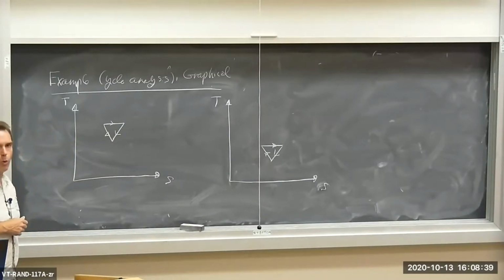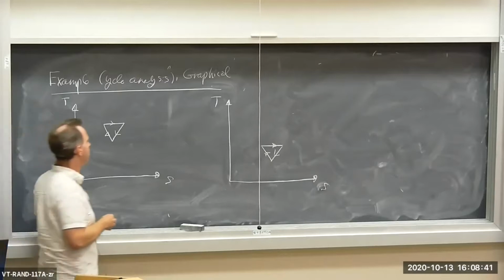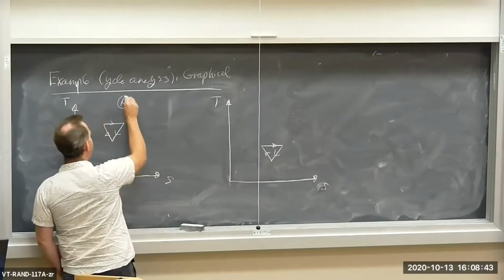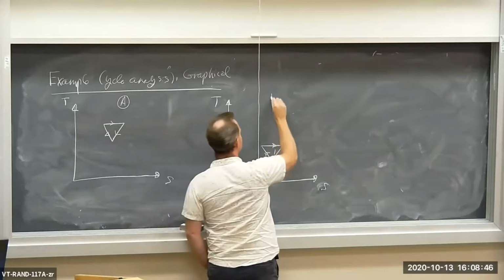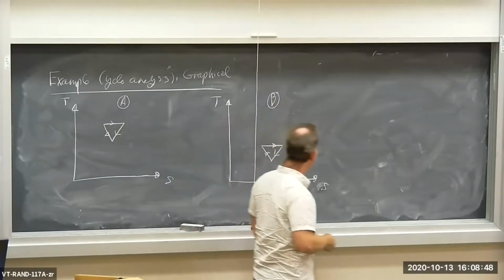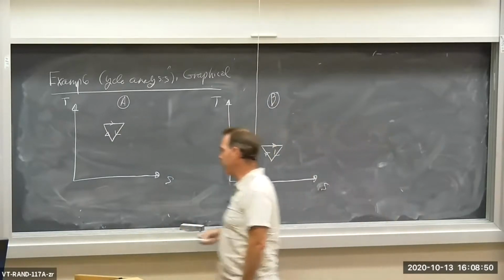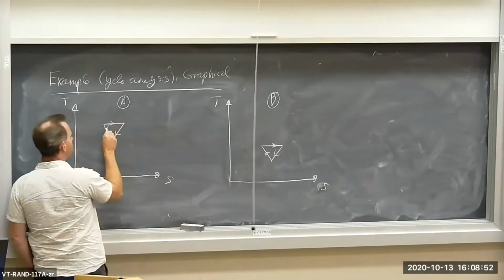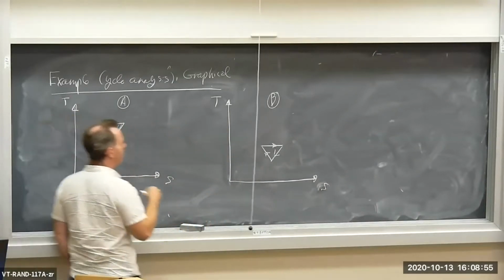Let's compare the works over the cycle. So this is cycle A, and this is cycle B. Well, the cycle work is represented by the area bound by the TS curve.